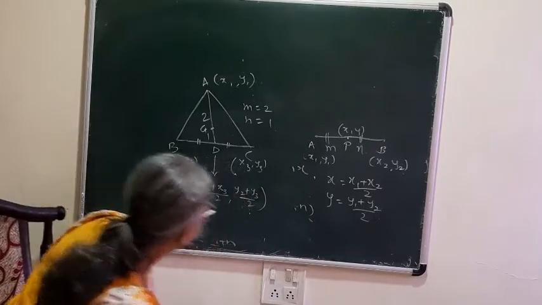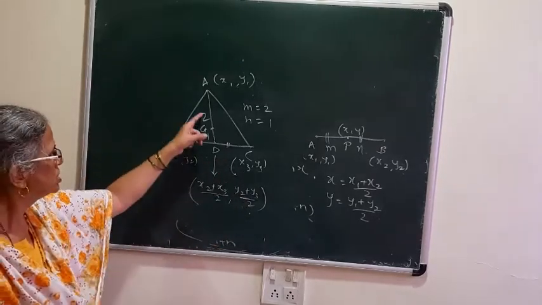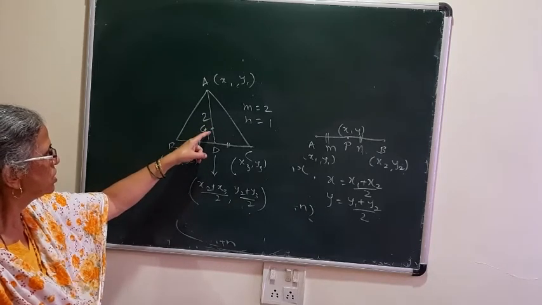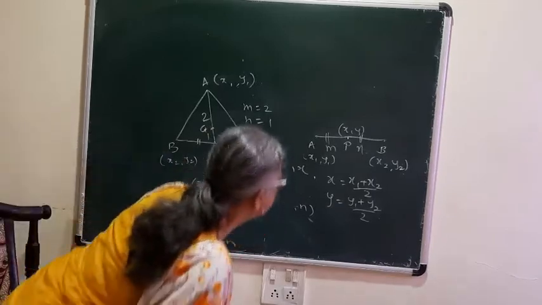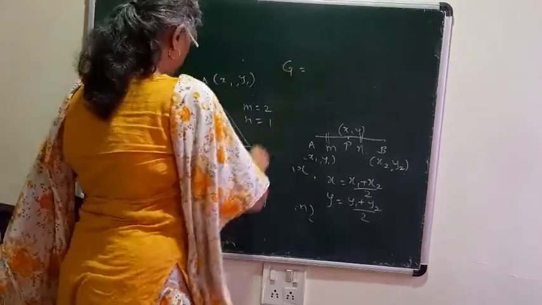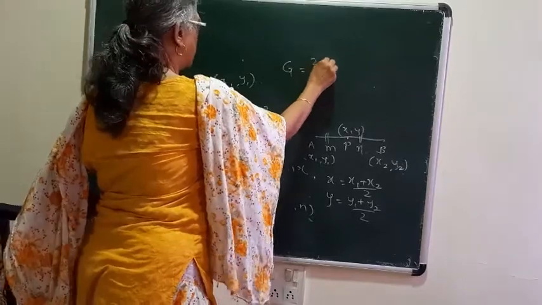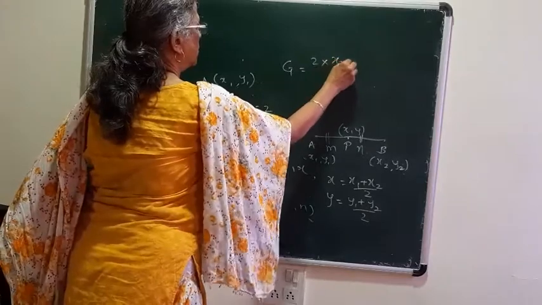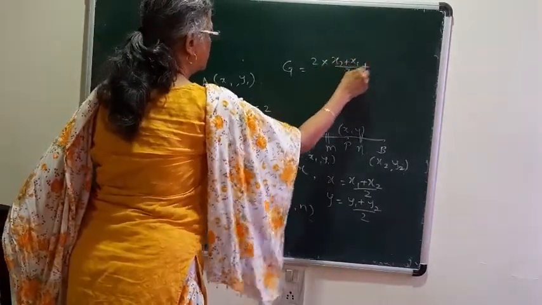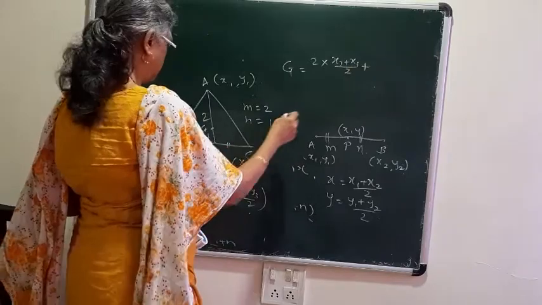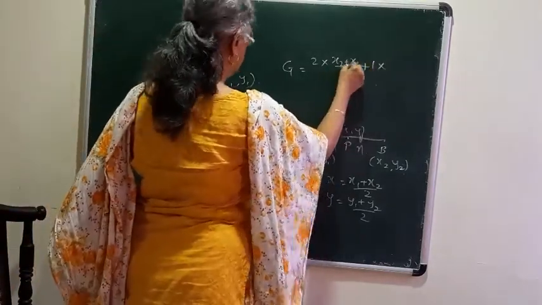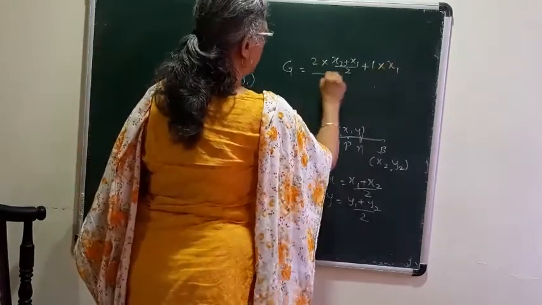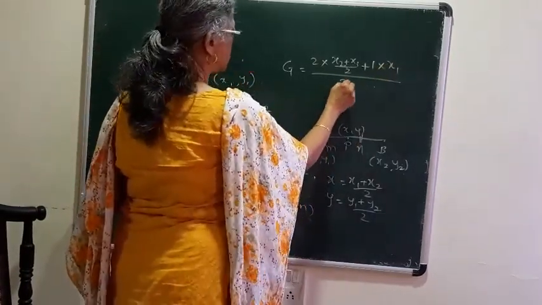Got it? Then here you are going to use the section formula of internal division, because point G is dividing AD internally. So the coordinate of G will be m times x2 plus x3 by 2, where m is 2, plus n x1, where n is 1, upon m plus n, that means 2 plus 1 will be 3.